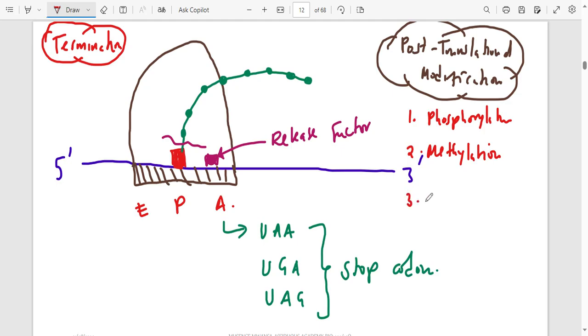The other thing that you can be doing is glycosylation. Glycosylation is the addition of glucose molecules or sugar compounds to your molecule. And then the other process is proteolysis.